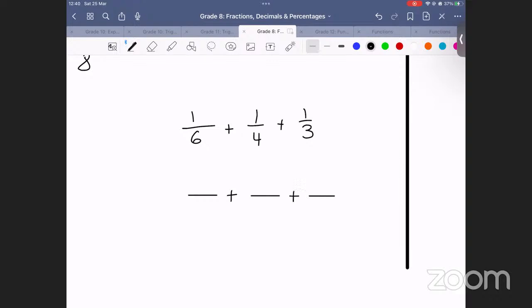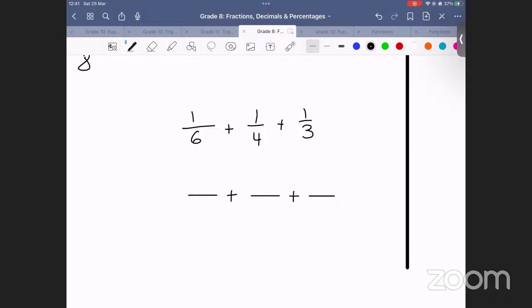So what's the lowest common denominator between 6, 4, and 3? Again, we are looking at multiples of 3. So yes, to answer your question, basically you cannot. That's a rule: you cannot add fractions that do not have the same denominator. You'd have to make their denominators the same first, then you can add them.